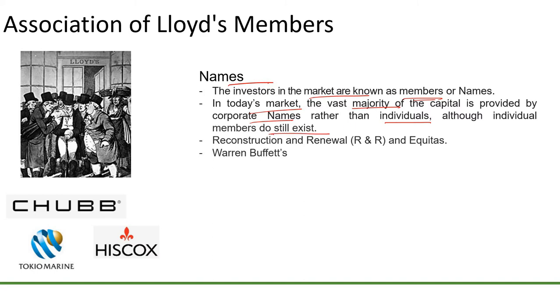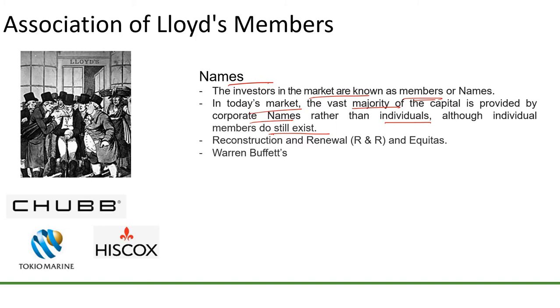To invest in the market, the prospective member, whether individual or corporate, must show adequate means, satisfying Lloyd's that they can pay claims made against them. Being a Lloyd's name in the 1980s brought big dividend checks and tax benefits, so they really wanted to be a name if they had enough money.